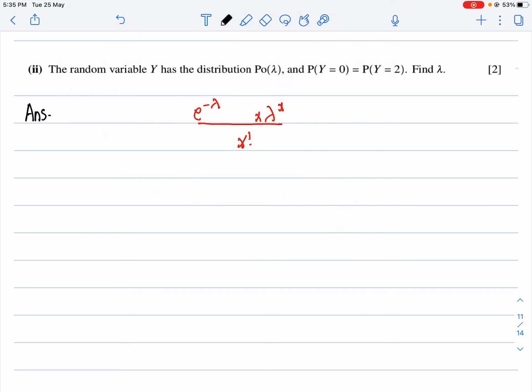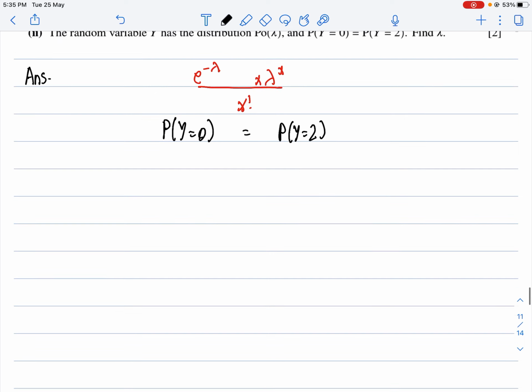So now I simply have p of y equals to 0, which is equal to p of y equals to 2. So I can basically write this as e raised to minus lambda into lambda raised to 0 over 0 factorial, which is equal to e raised to minus lambda into lambda raised to 2 over 2 factorial.